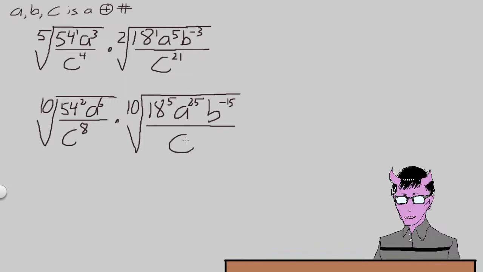This 21 times 5 is 105. All right, we have successfully matched the denominators of the exponents. So now it's safe to multiply this junk times that junk, and then this one times this one. So, the 10th root of all those numbers.